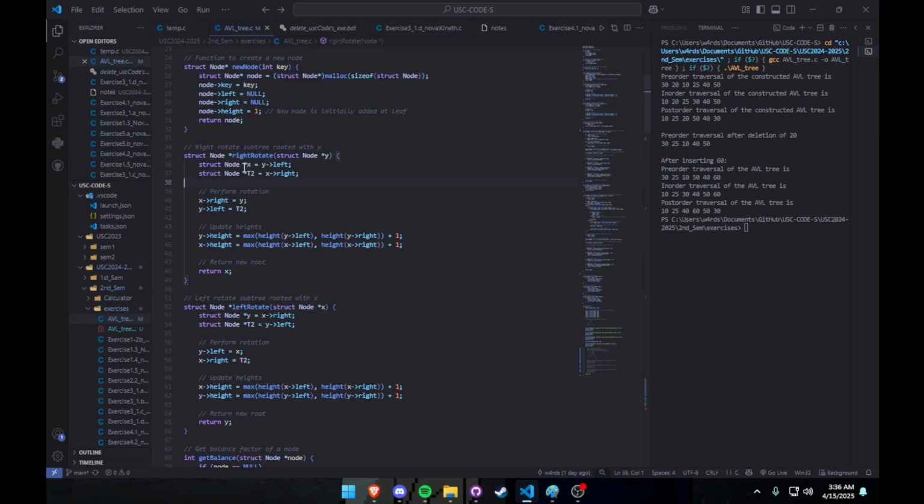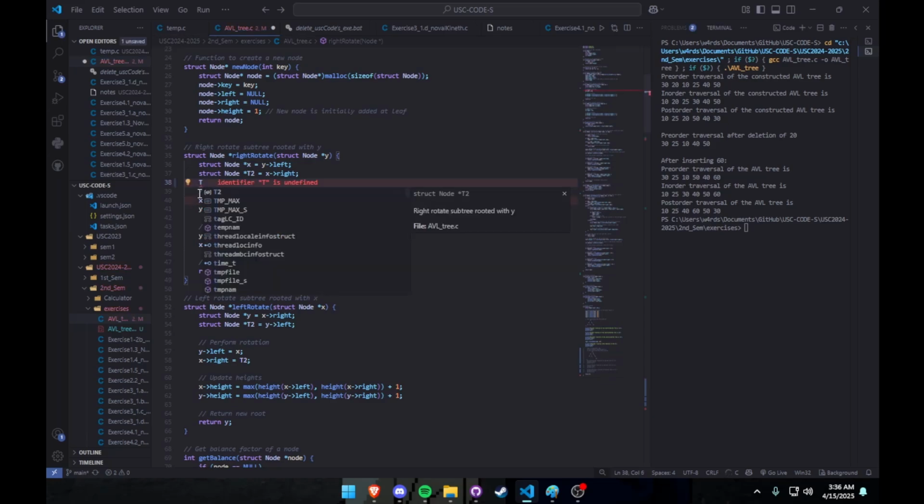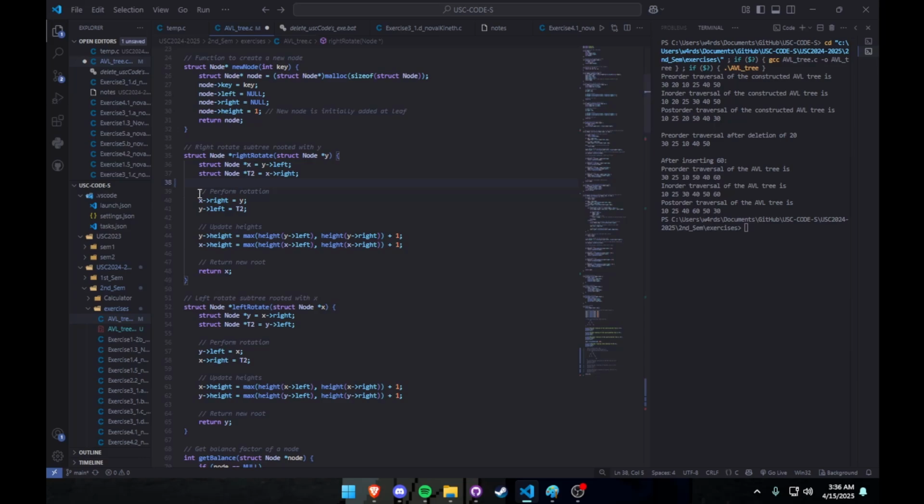So struct node x is equal to y points to the left, and struct node temp2 is equal to x points to the right. Now this is technically just declaration of what these could be. Now to perform the rotation, similar to how you would do, let's say, a is equal to b, like how you would transfer the value of an item using pointers.